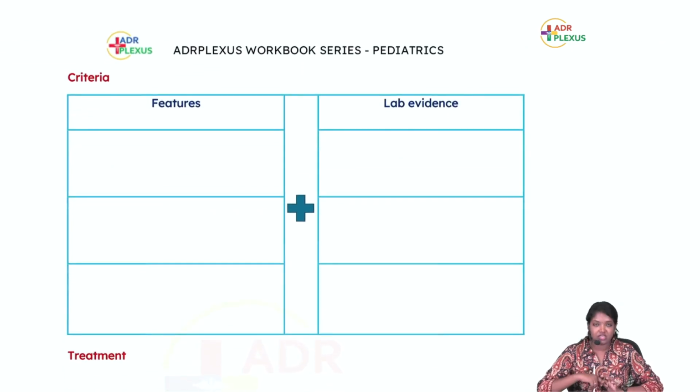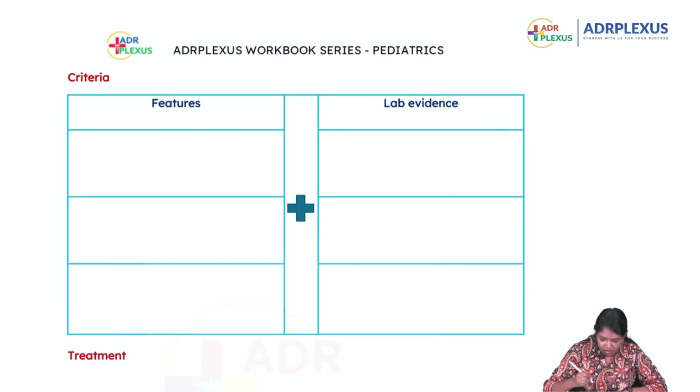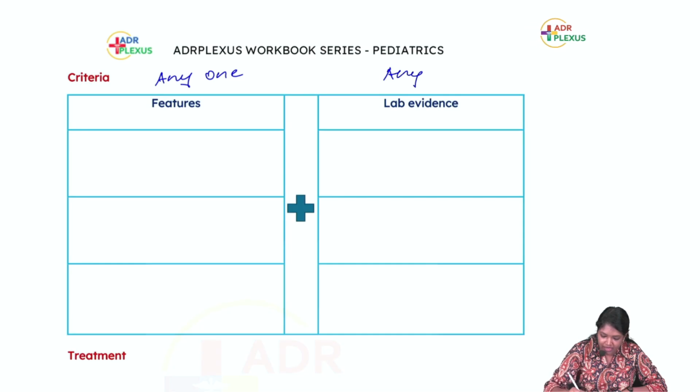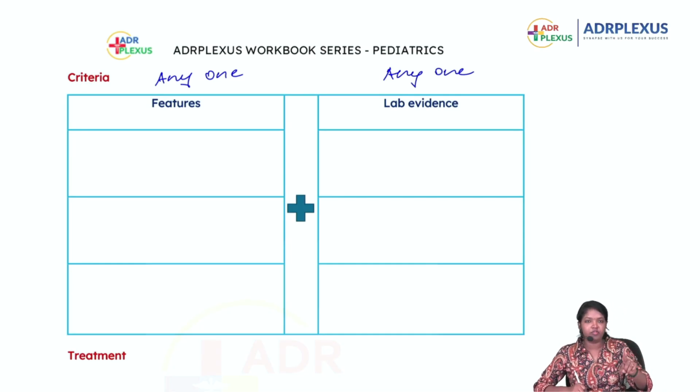Okay. Yes, go to the next page. Criteria. Features, lab evidence. So when you see features, any one from this side should be there for diagnosis, and any one from that side should be there. Out of the three, any one from this side and any one from that side should be there.